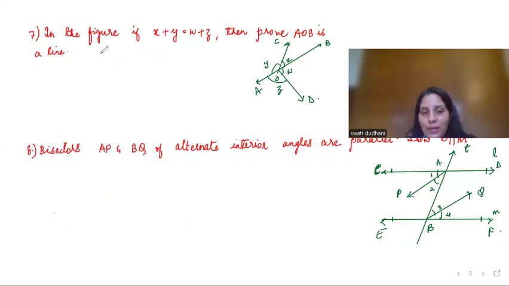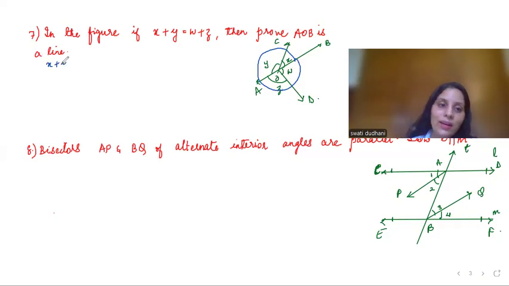Now, seventh one. In the figure, if x plus y is equal to w plus z, prove AOB is a line. Now here we can clearly see that all four angles are forming a complete angle. So complete angle is 360. So here I can write x plus y plus w plus z is equal to 360 degrees, complete angle.